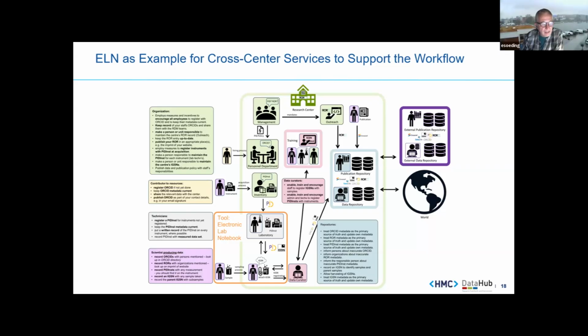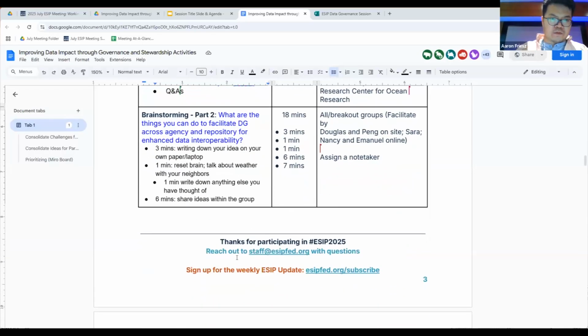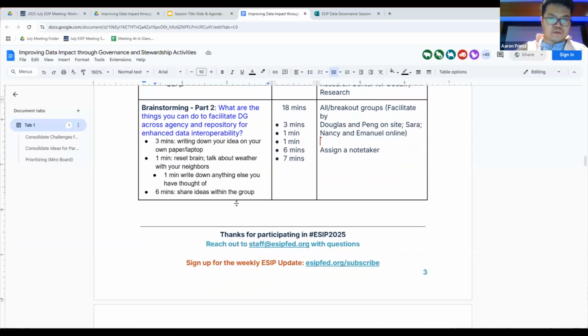Okay, so we're going to move on to the second breakout session. We were hoping for a bigger, longer session for that particular question: what are the things we can do to enhance data interoperability through data governance activities? However, we do want to have some time for prioritization as well as the top 3 key takeaways and closings, so we're trying to make that 15 minutes.